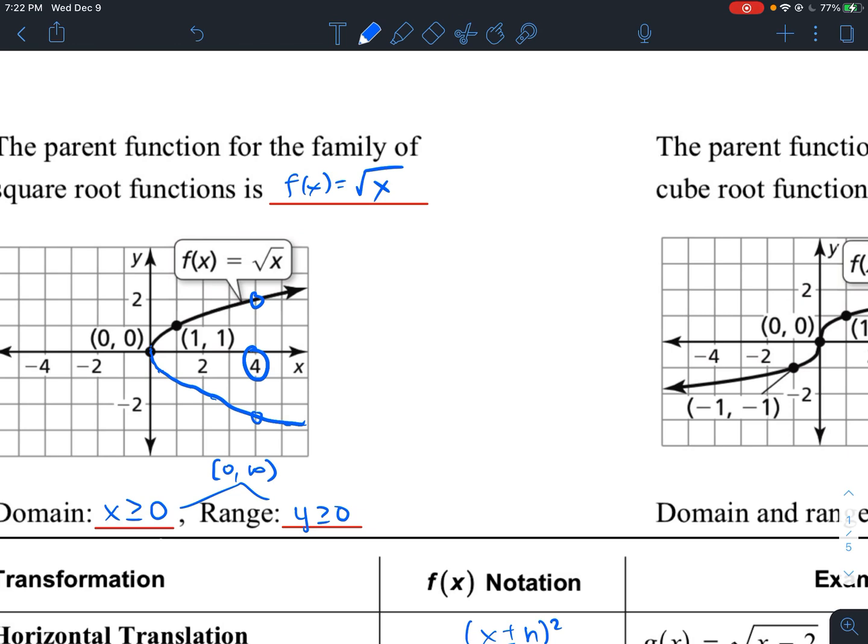So in other words, this fails, if you remember, the vertical line test. That is why we write the square root of x and negative square root of x as two different functions if we were to graph this as a sideways parabola. They have to be graphed as two different functions.